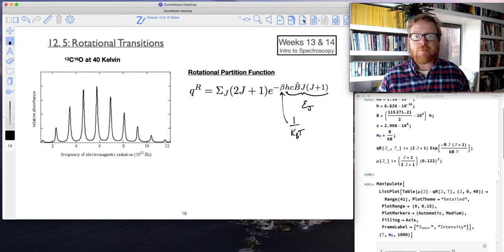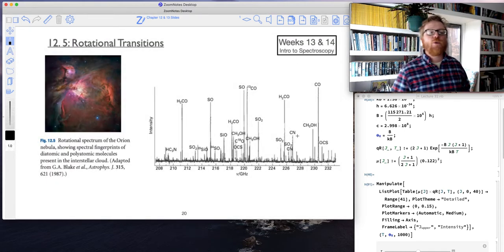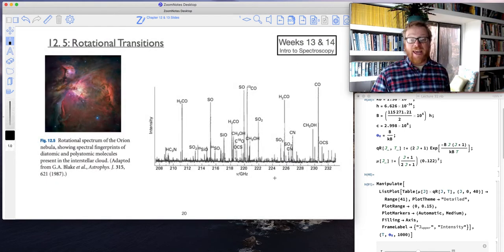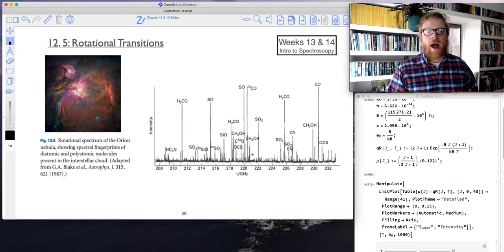Okay, so I wanted to show you a really cool application of microwave spectroscopy, and that's doing radio or microwave astronomy. Specifically this would be microwave astronomy, because we're probing the rotation of molecules.